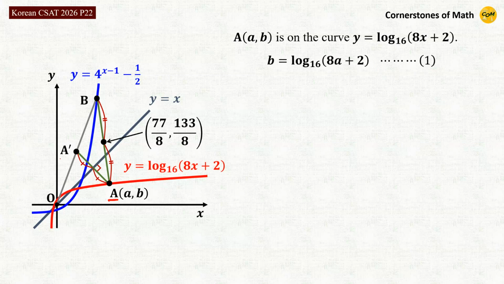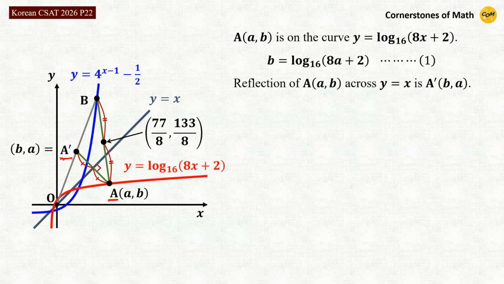Next, I want to move on to the reflection of point A across line y equals x, which we call A prime. Reflecting a point across the line y equals x is easy. You just switch the x-coordinate and y-coordinate to obtain the reflected point. Therefore, the coordinates of point A prime are b, a. Then we have point B. If you want, you can introduce two additional unknown variables for its x-coordinate and y-coordinate, but what I prefer is to use that point A prime is on the line OB right away.